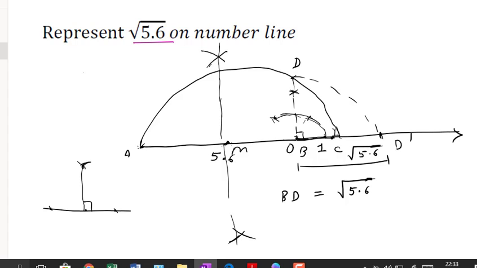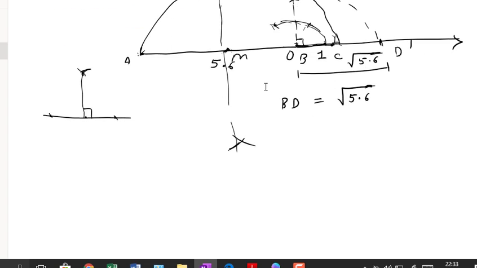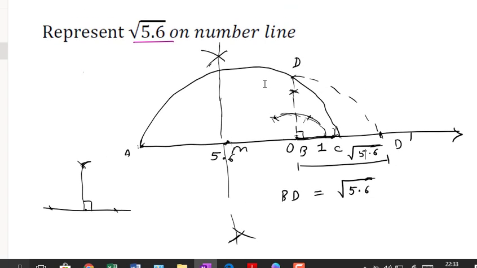Then you have taken 1 centimeter and done this whole construction. I hope you understand how to draw root 5.6 on number line. For practice you can take some other distance like 7.5 and represent square root of 7.5 on the number line.